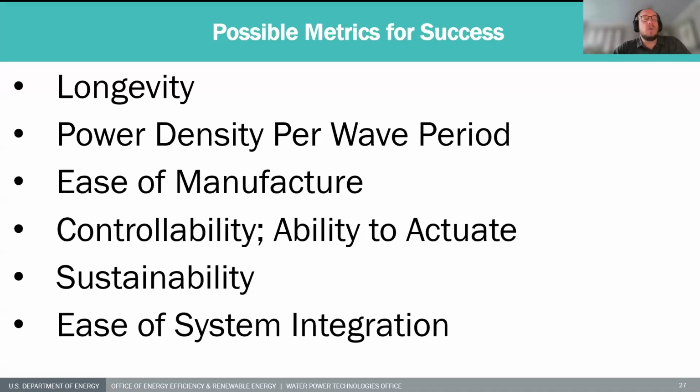It's sustainability: how does it interact with the marine environment? Is it using rare earth materials or strategic materials? And also, how easy is it to integrate these individual decks together to form metamaterials, to form structures? That's a pretty unique feature of DEEC-Tec.